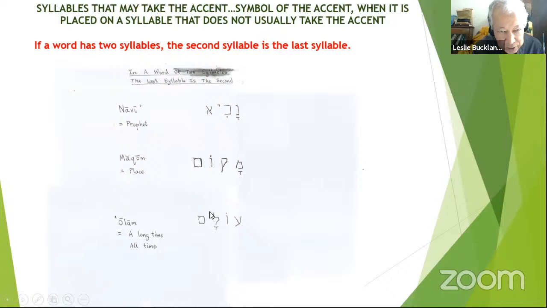Notice there is no accent mark there to indicate that this syllable should be accented. There is no need to do that because normally the last syllable, which is this one, needs to get the accent. So if a word has two syllables, the second syllable is the last syllable.